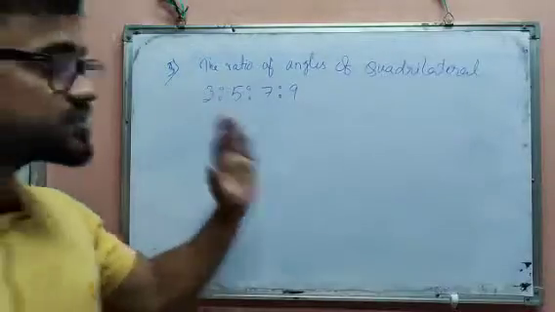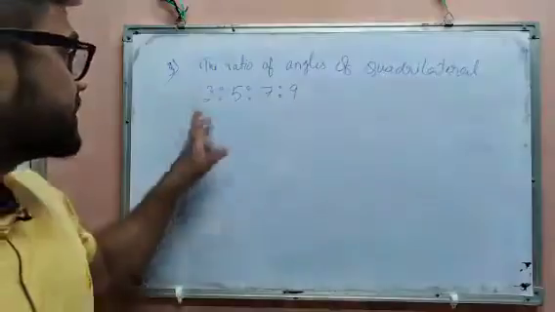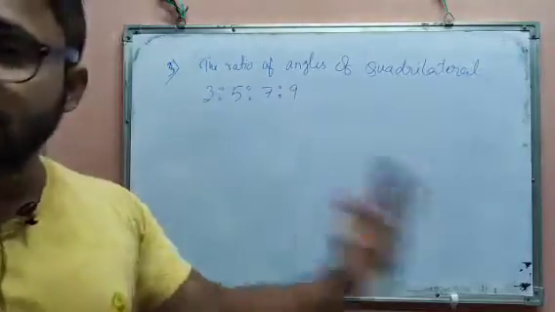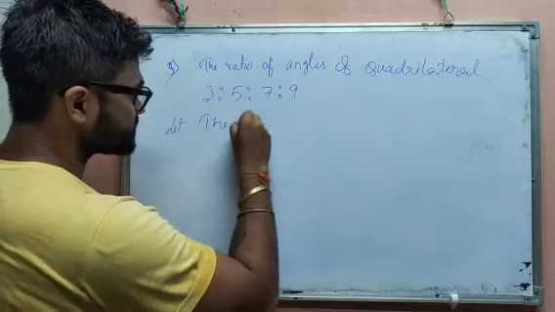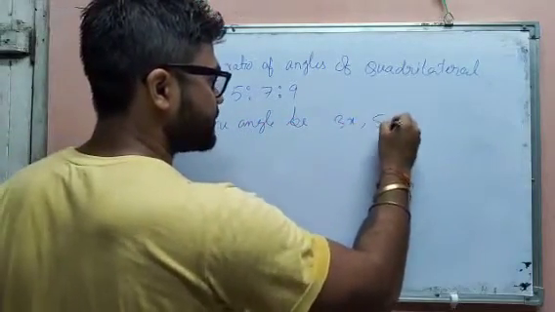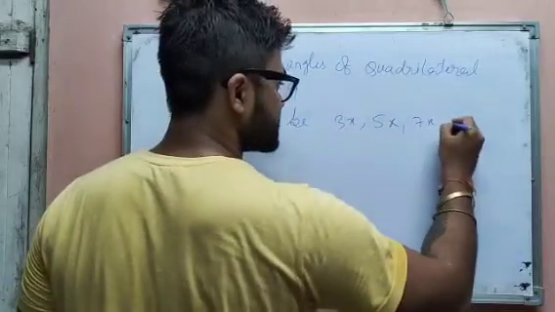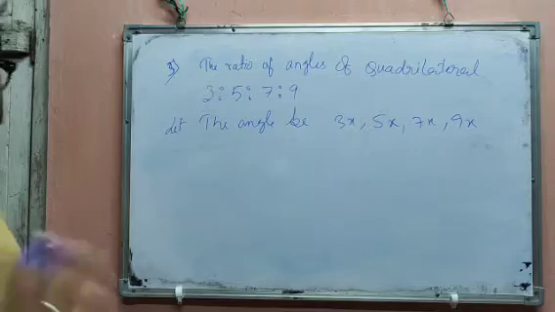When ratios are given, we consider the angles as 3x, 5x, 7x and 9x.